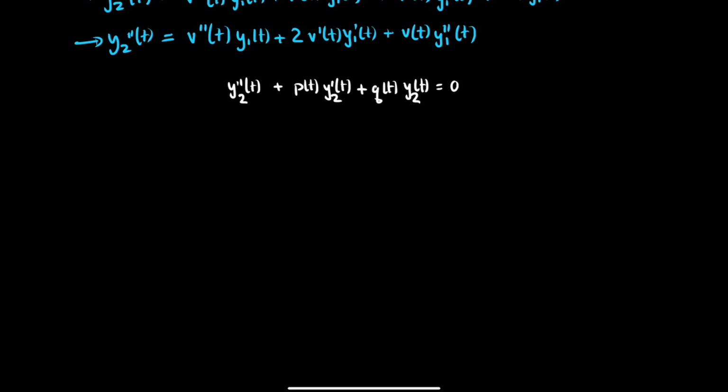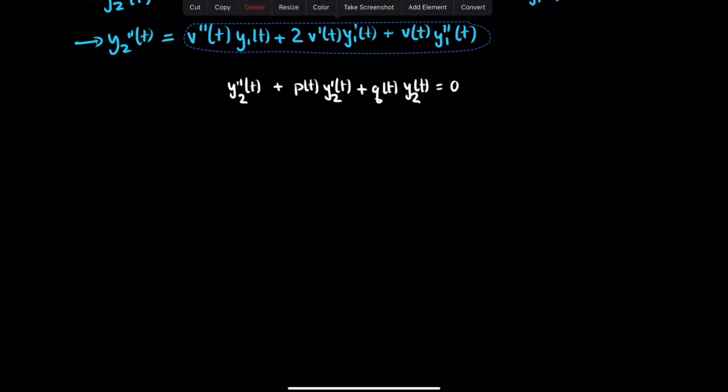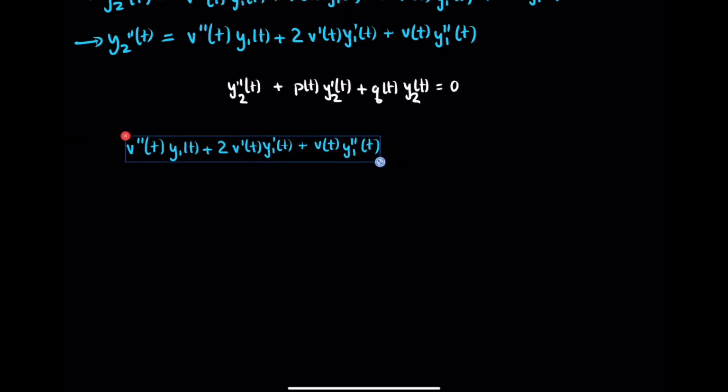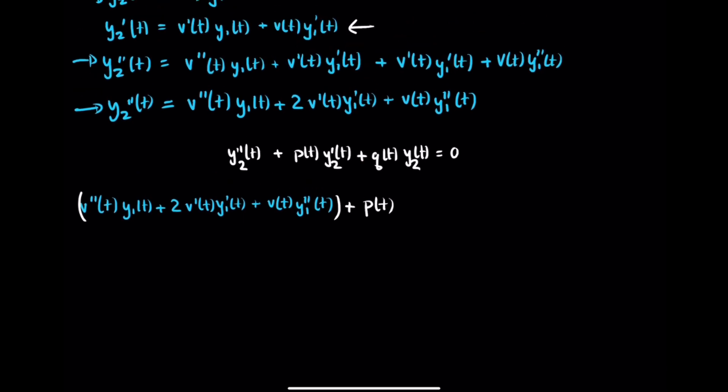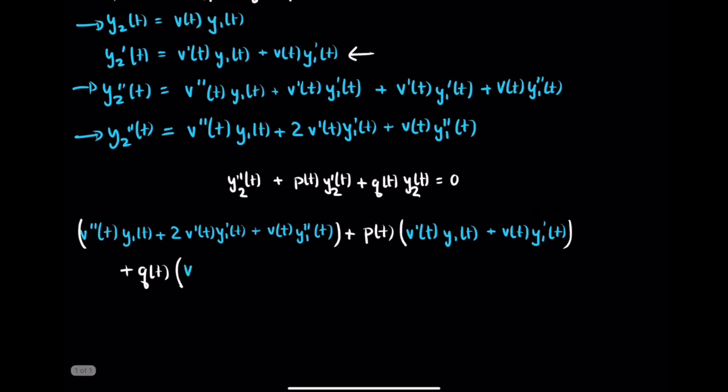If I plug in what I know for y2 double prime, I get this, plus p(t) times y2 prime t, which is this expression, plus q(t) times y2(t), and y2(t) is just v(t) y1(t). And now this whole thing equals 0.